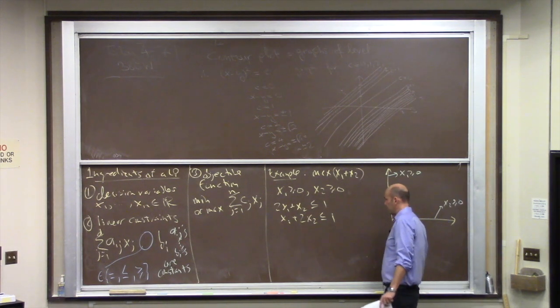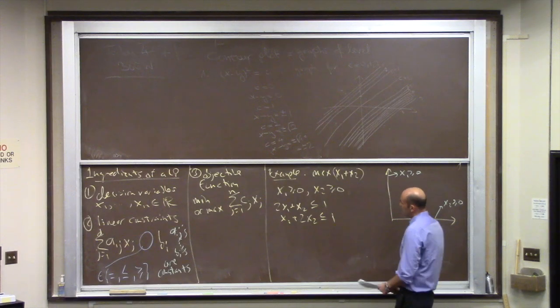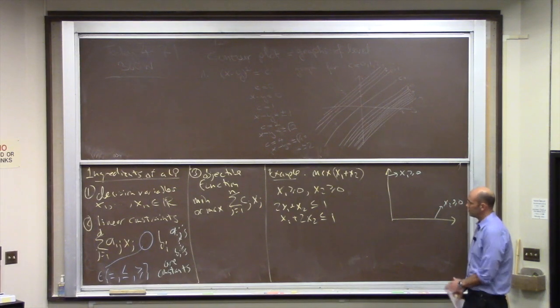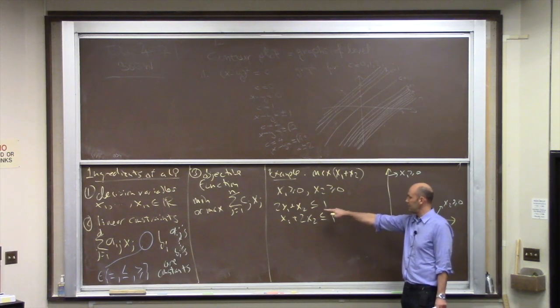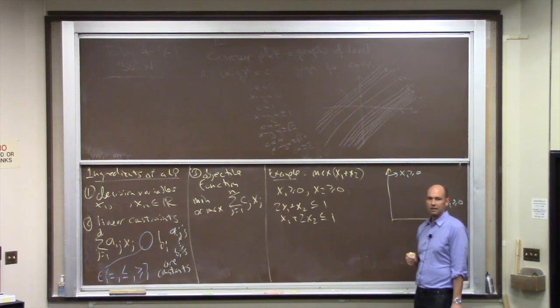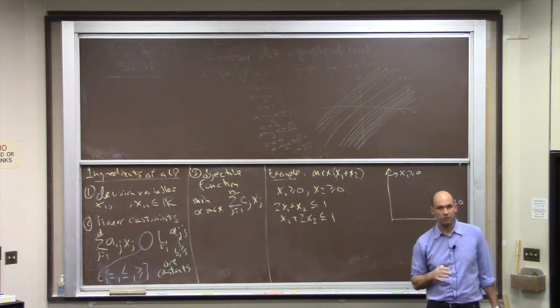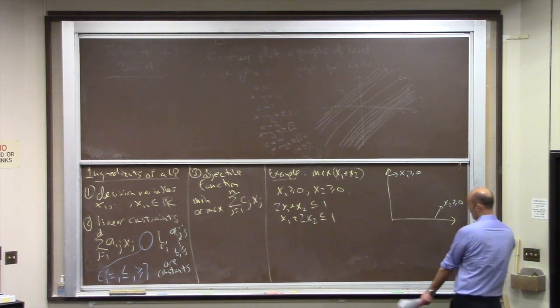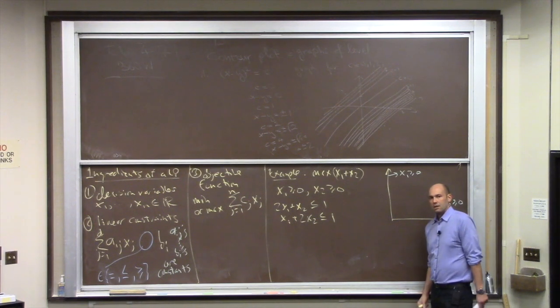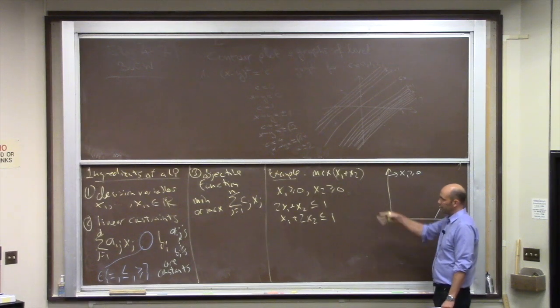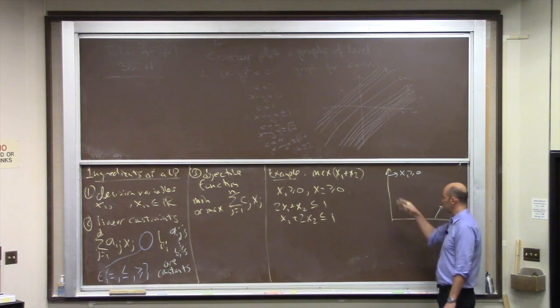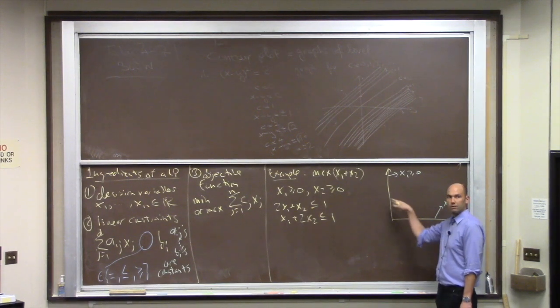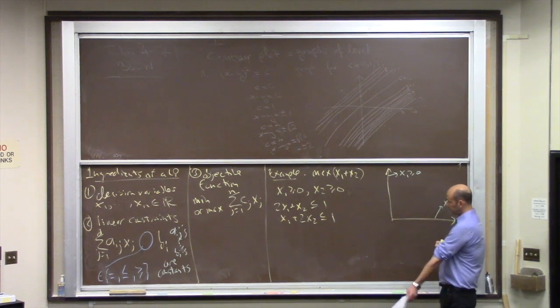So how about these 2 constraints? Let's start with this one. It's probably simplest to ask, where does the line defining this inequality hit the axes? For what values of x1 and x2 do we have 2x1 plus x2 equal to 1? That's a line, the solutions to 2x1 plus x2 equal 1. It hits the axes twice.